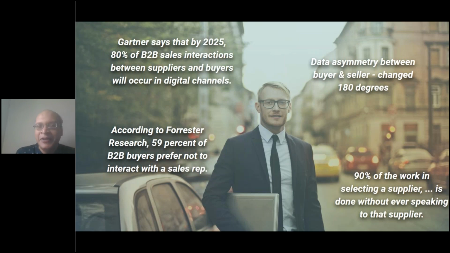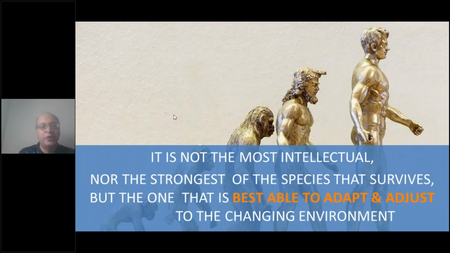Really, sales interactions between buyers and sellers will be occurring in digital channels from 2025 onwards. And all of us, tell me how many of you enjoy speaking with a seller, right? You want to do the research yourself, and then speak with the seller only when it is absolutely necessary to speak with a human. Otherwise, for many of us, groceries, we just buy on the internet and have them delivered, right? So that's one thing which is significant.